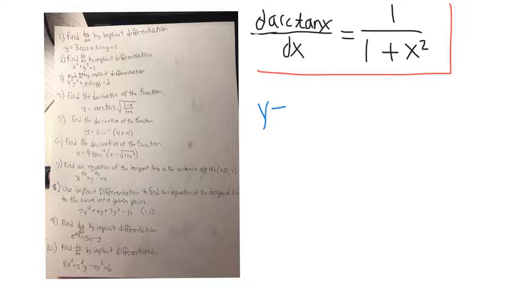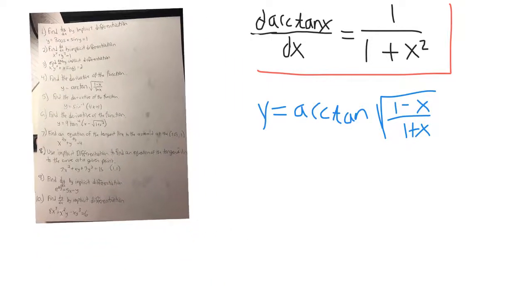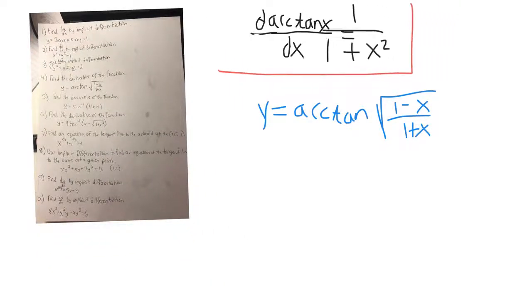We have y equals arctan of this ridiculous thing. My handwriting's not the best, but I think you probably get it. We have 1 plus x. When you're doing the chain rule, you just proceed as normal, as though nothing unusual is happening.